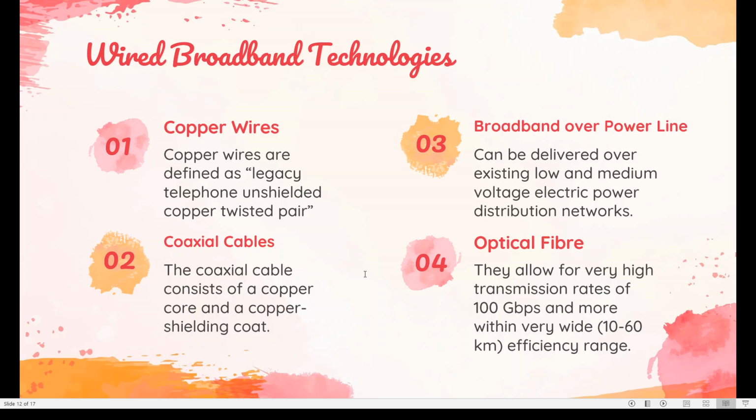And the con of this one is that in low populated areas, the technology is only economically viable for the end user if 4 to 6 homes are equipped with transformers to make broadband available over power lines. So that is a big con for BPL.